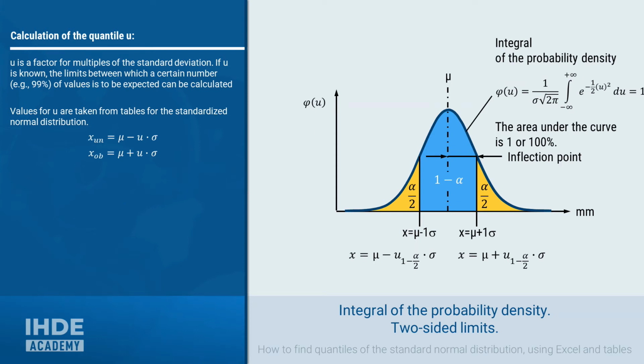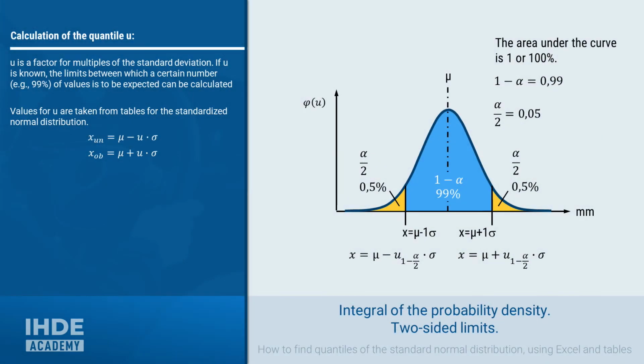You can also see which limits we are looking for at the subscript of u. For example, if 99% of all values are between the limits, 1 minus alpha is 0.99 and alpha half is 0.05.